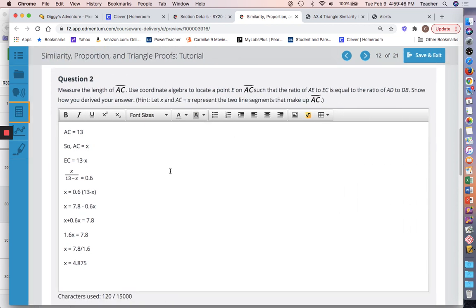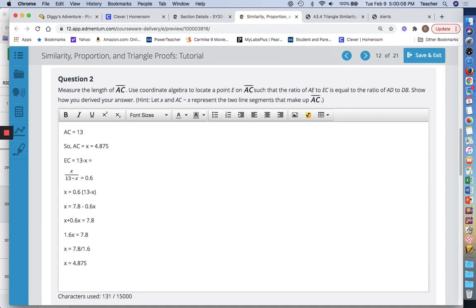All right, so that's going to be from A to C, because that's what X was. A to C was X up here, so A to C is 4.875. Okay, that means E to C is 13 minus that.